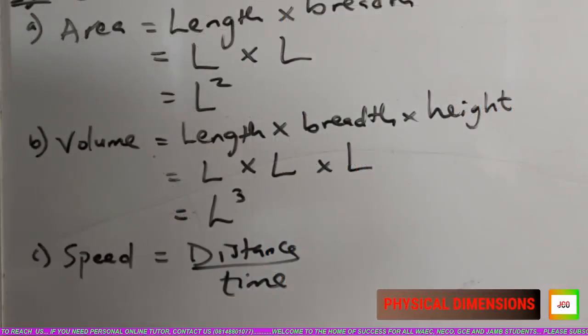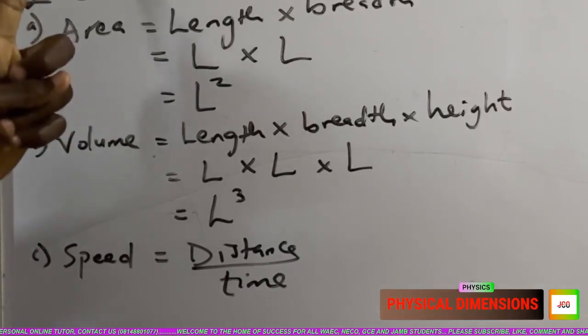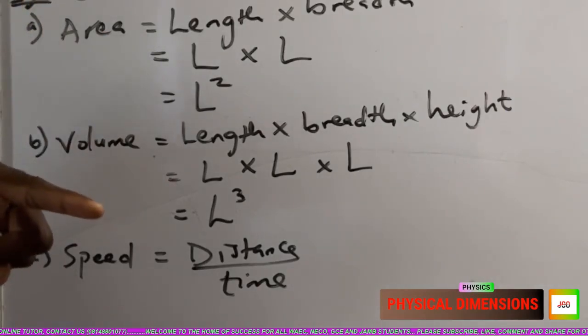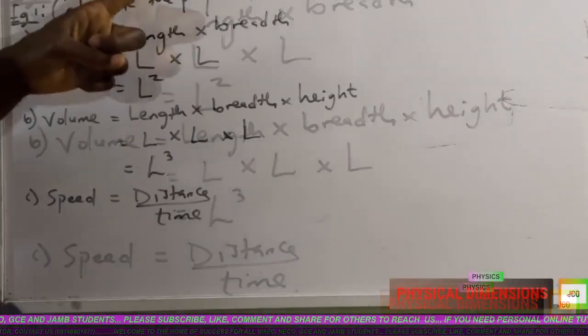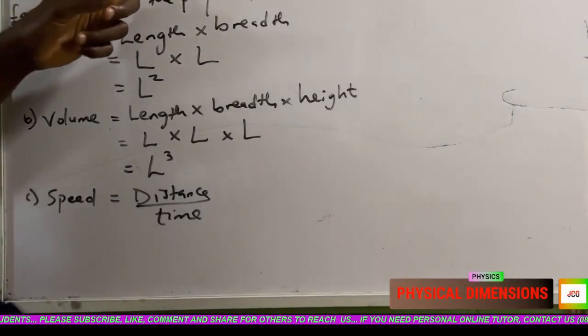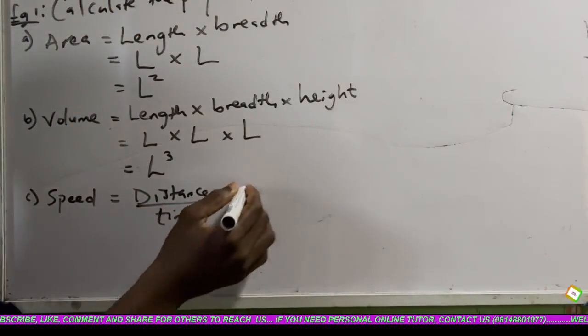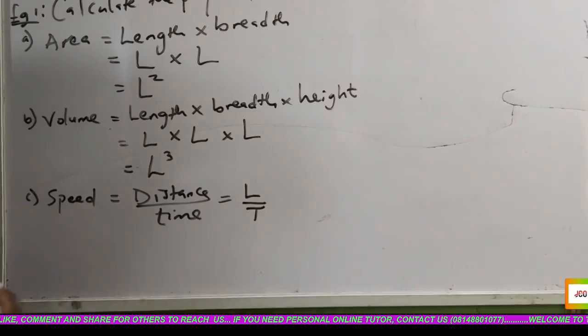So looking at distance over time, we're going to check our dimension. Which of them is distance? Distance is still length. Then time is on its own. So the distance will be L, the time will be T. So I have L over T.